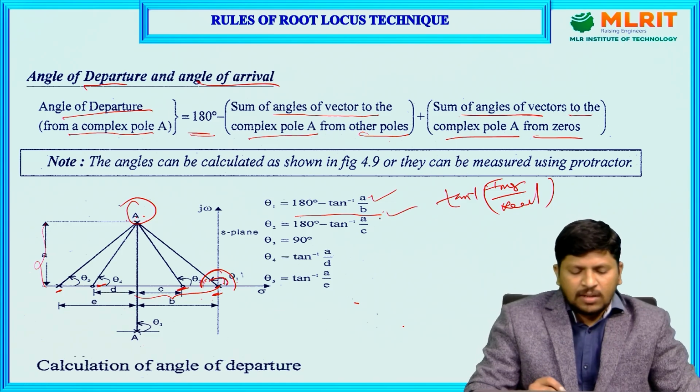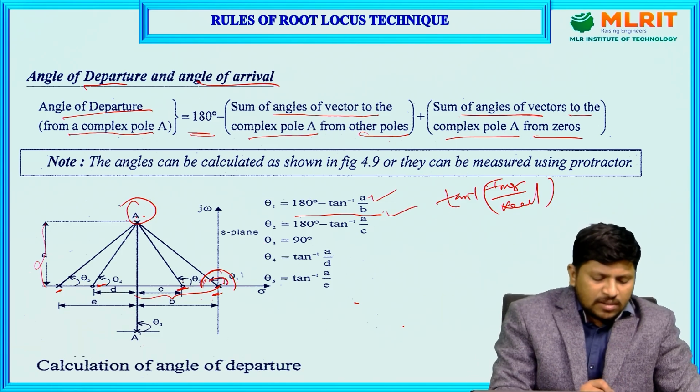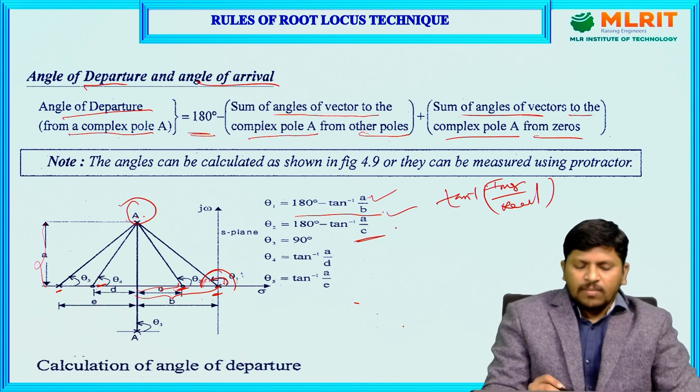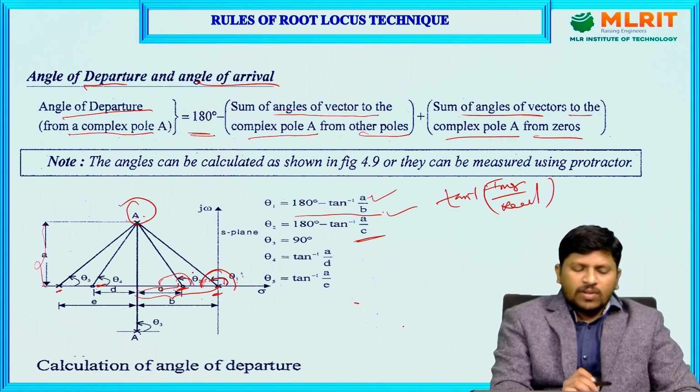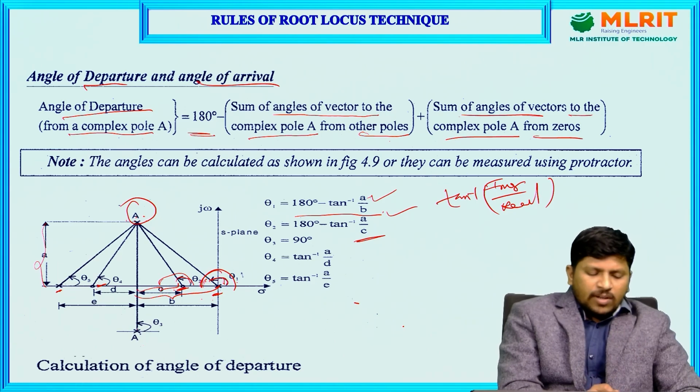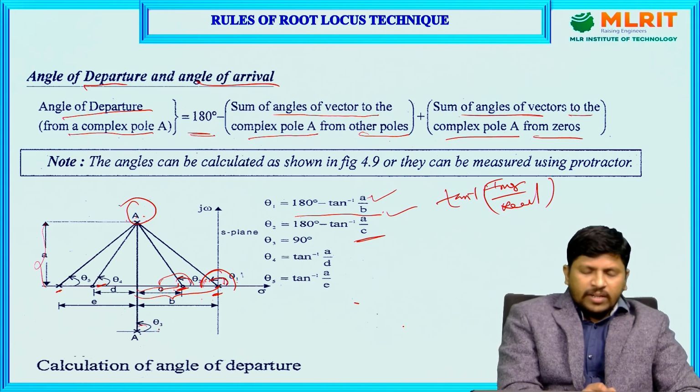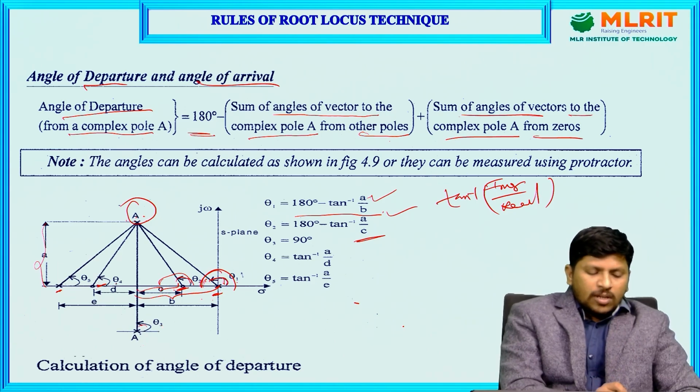Next, theta 2 calculation. So this is c from here to here. So tan inverse of c divided by a, 180 degrees minus, because this total is 180 degrees, but we require this one. Next see here, this one is 90 degrees, theta 3. So here see theta 4.